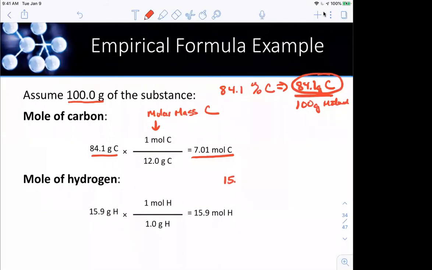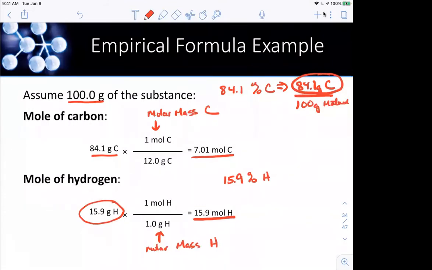So I have 15.9% hydrogen. I can assume using 100 grams of that sample that now I have 15.9 grams of hydrogen. This is the molar mass of hydrogen. So that gives me 15.9 moles of hydrogen.